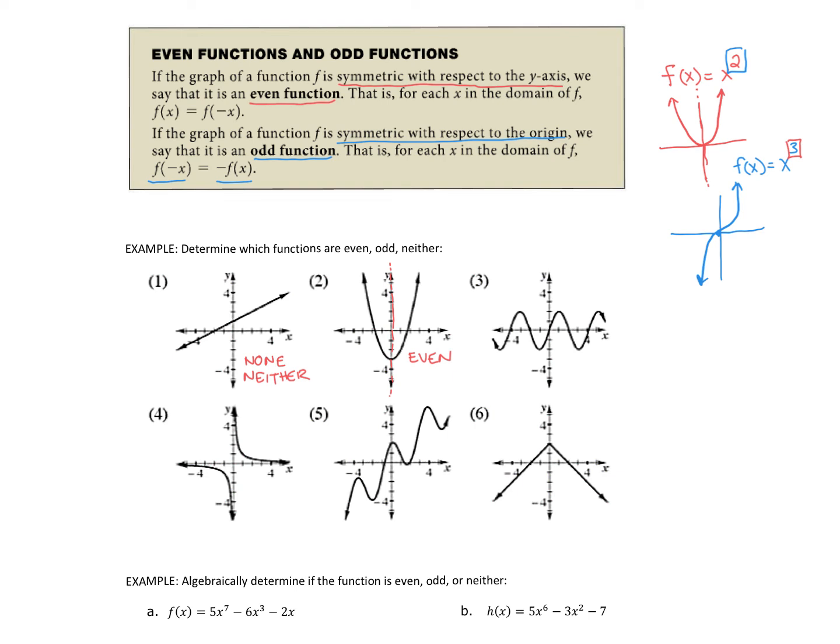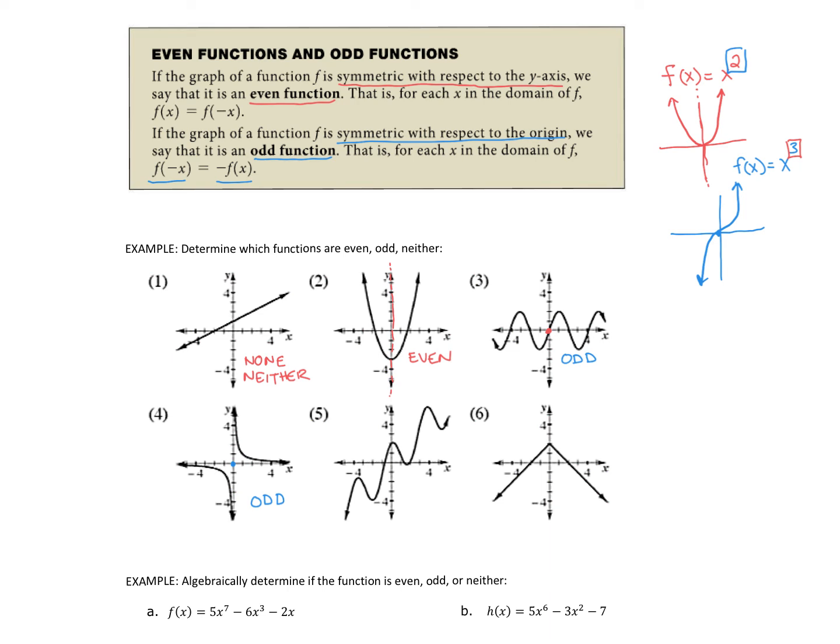This one here, you can see if you rotate this 180 degrees, that it will land on itself, which means that we have symmetry with respect to the origin, and so this one is an odd function. Similarly, this is symmetric with respect to the origin. This one is also odd.